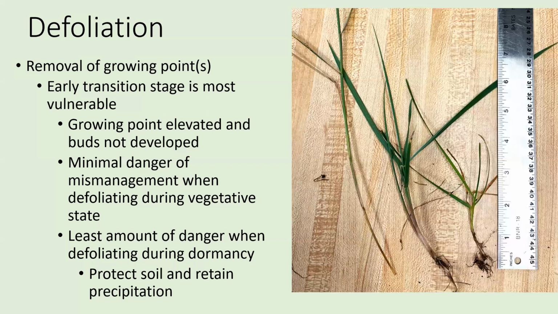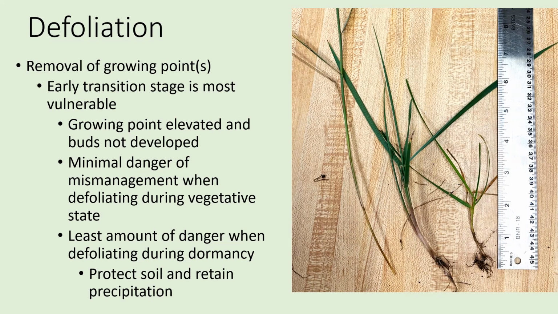Now we're going to talk specifically about defoliation and grass's response to being defoliated. Defoliation could be grazing, mowing, cutting, even walking on it too much, anything like that, that's going to end up breaking off parts of the plant. First, we're going to talk about removal of those growing points.